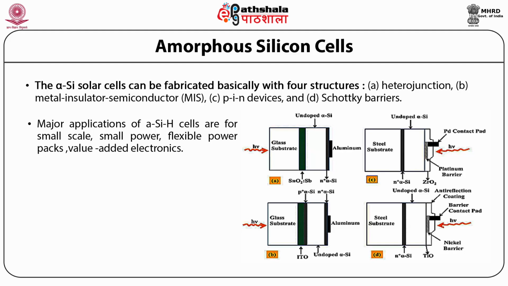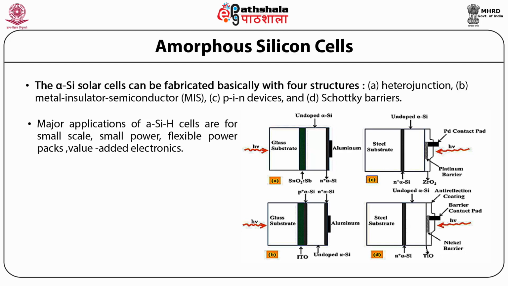The next is the PIN junction based alpha silicon solar cells. They are the most suitable solar cells for commercial production, which show good performance, and they can be produced in two types of structures.